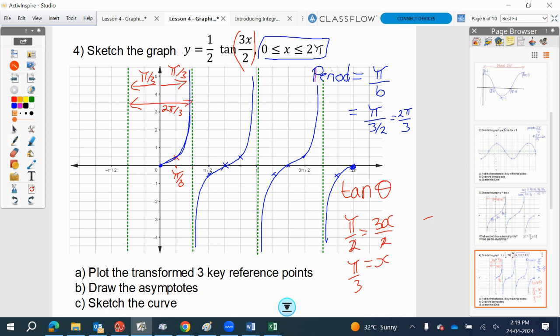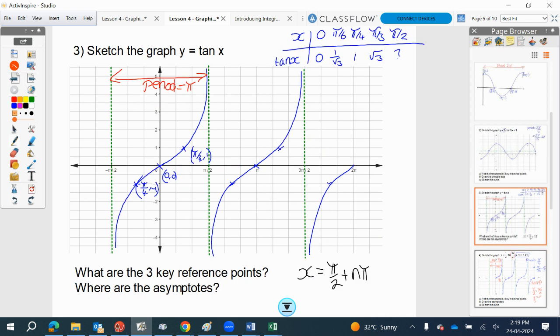Well, the standard one is at 1. So the tan function, no matter what's inside it, is going to produce 1 at this particular point, and then you times it by the vertical stretch.